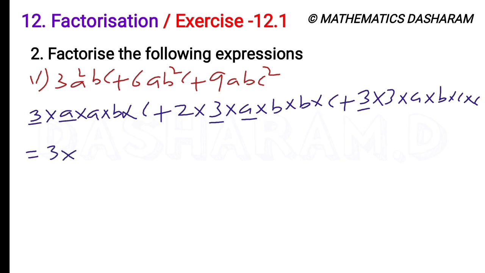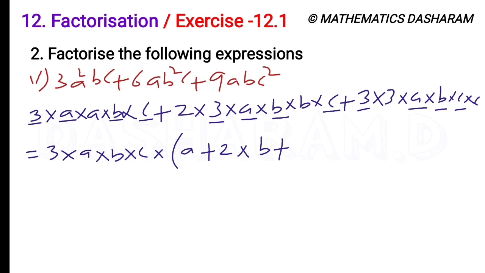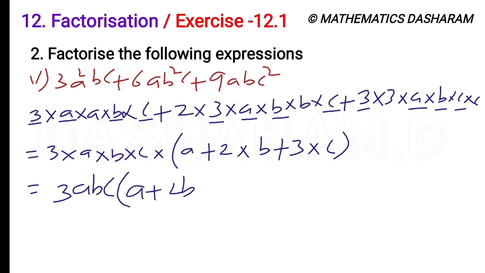Next 1 a common, next 1 b common, next 1 c common. So no other commons, so take the bracket. Remaining term is what? a, plus here remaining terms 2 and b. So 2 into b, here remaining terms 3 and c. So 3 into c. It is equal to 3 into a into b into c, means 3abc bracket of a plus 2b plus 3c.